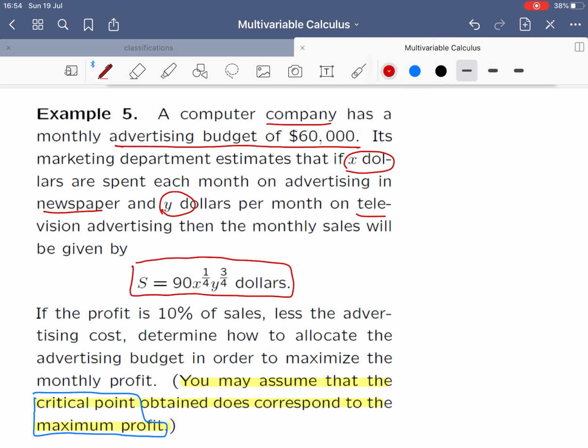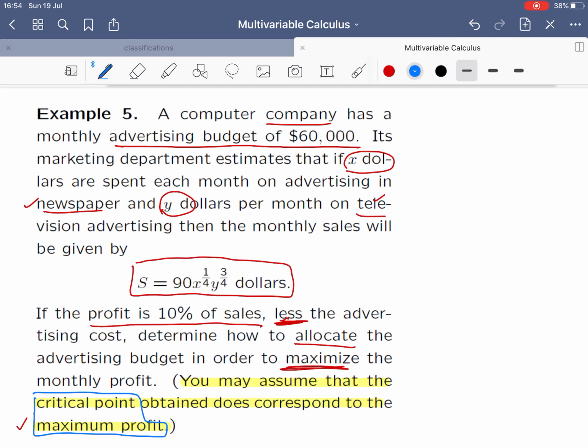Of course, you are going to maximize the profit. So what is the profit? It says that the profit is only 10% of the sale, but of course you need to deduct your advertising cost. So you want to determine how to allocate your advertising budget, either on newspaper or on television, so that it will maximize your profit.